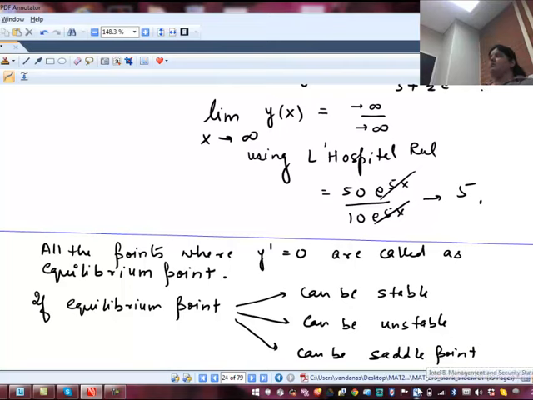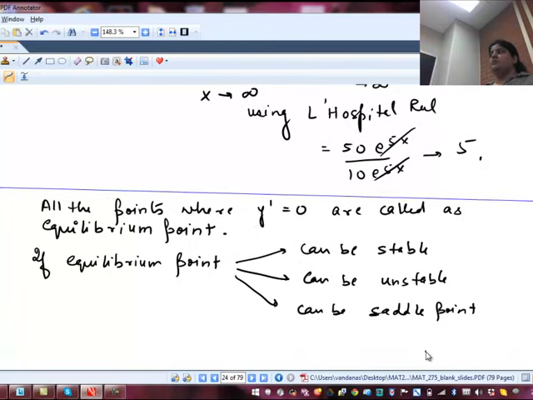Okay, so when do we call an equilibrium point stable? If we start close to the equilibrium point and eventually, as time approaches infinity, we get to that point. Suppose this is my equilibrium point, and if I start closer, my solution trajectories move round and round, and sink into that point in infinite time.